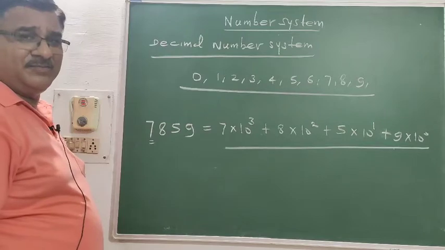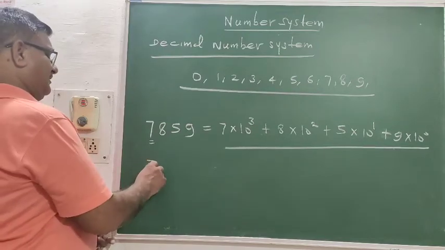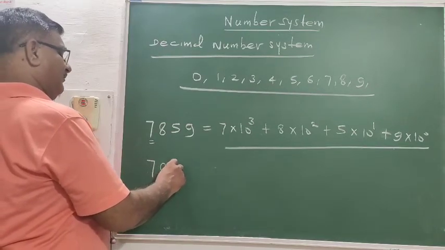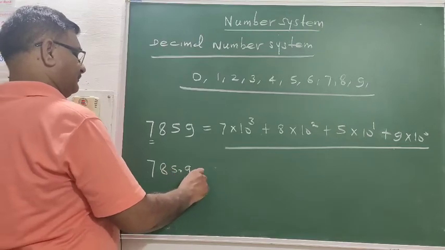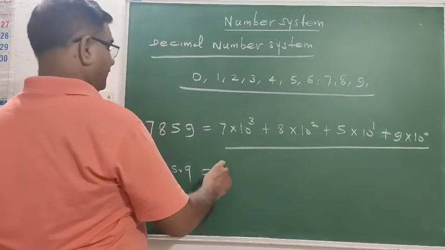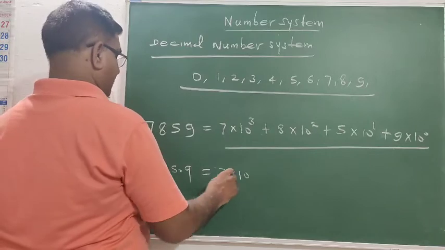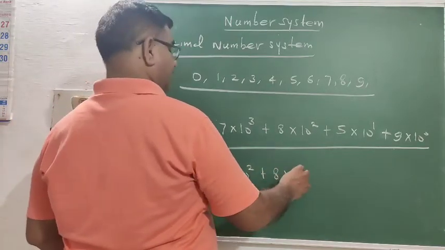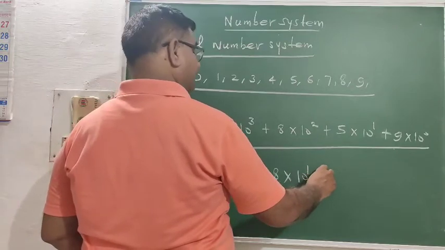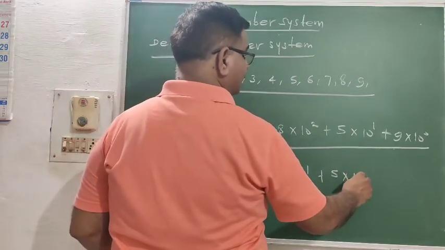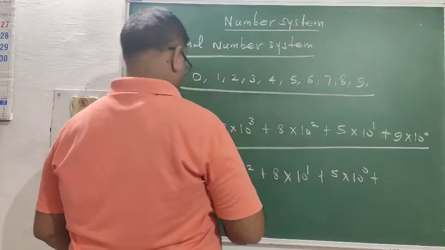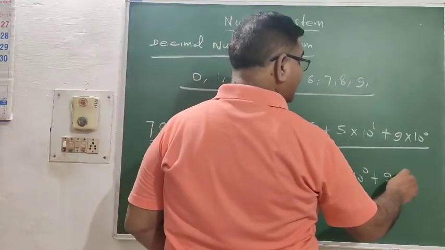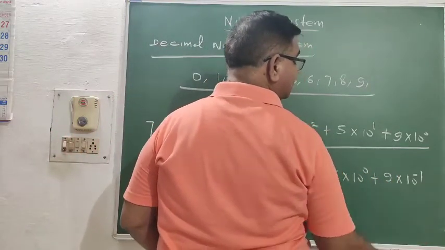Suppose you have the decimal number 785.9. Then 7 into 10 to the power 2 plus 8 into 10 to the power 1 plus 5 into 10 to the power 0 plus 9 into 10 to the power minus 1.